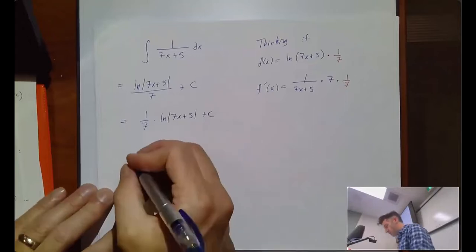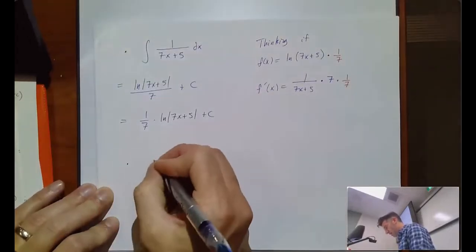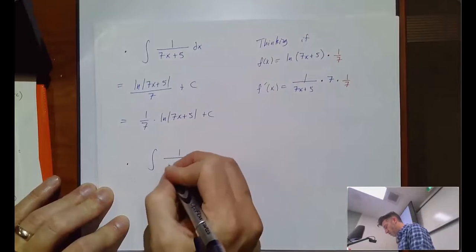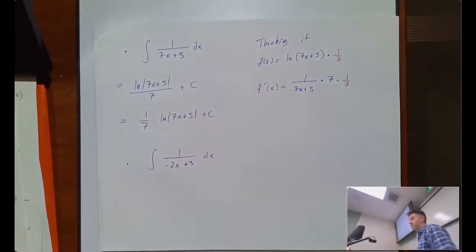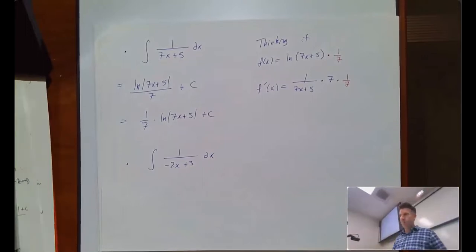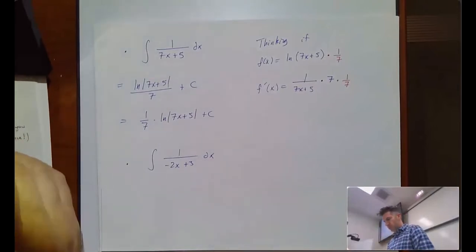All right, you all try this one. Try finding the antiderivative of 1 over negative 2x plus 3. Do it. Write it down. Think about it. I don't have my watch on, so I can't time you. I'll give you some amount of time that is moderately reasonable. Like a minute-ish.